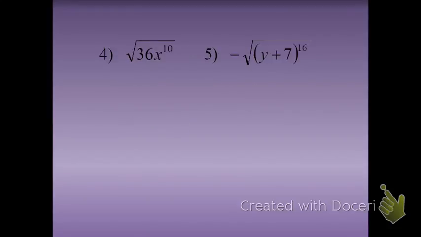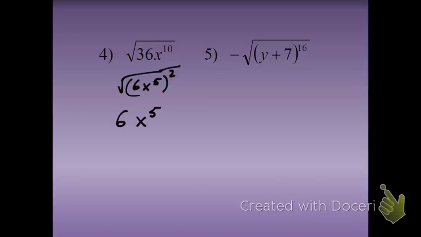So, a couple more examples. We have the square root of 36x to the 10th. Be careful with this one. Same process: you want to rewrite it as an expression that gets squared. So that'd be 6x to the 5th, quantity squared. The square root cancels the square power, so you get 6x to the 5th.